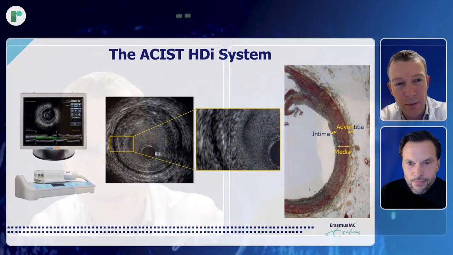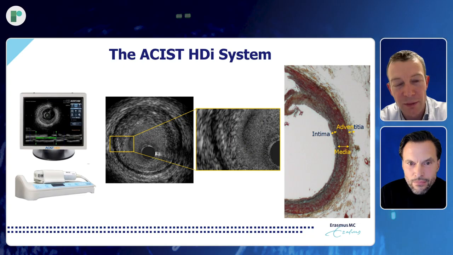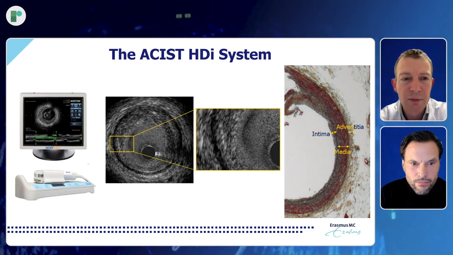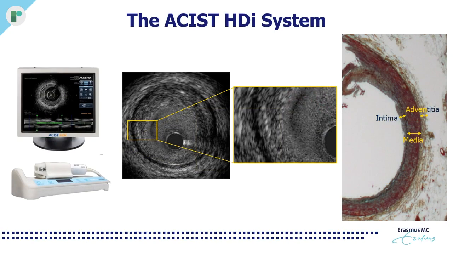That said, there is one interesting thing. In the past we were used to looking at IVUS images of about 20 megahertz, whereas now with novel technologies we have high definition IVUS at our disposal, with 50 to 70 megahertz, in which the resolution increased from about 60 microns to 20 to 40 microns.